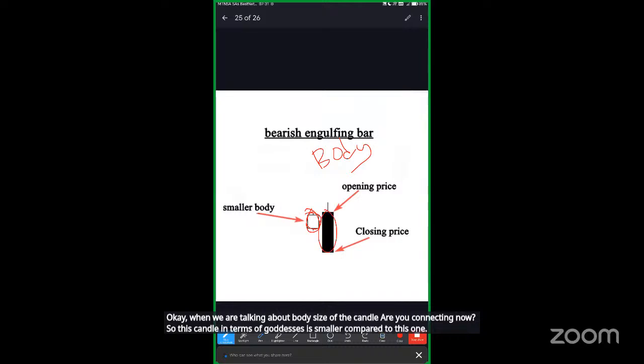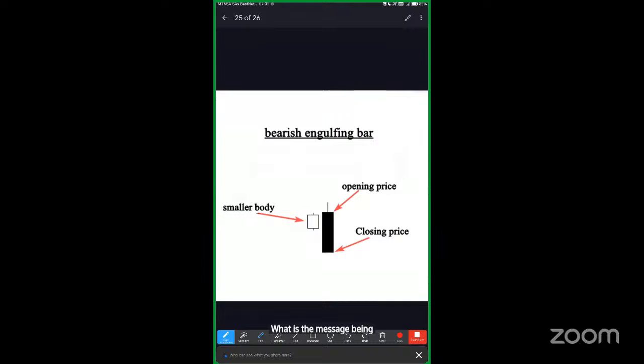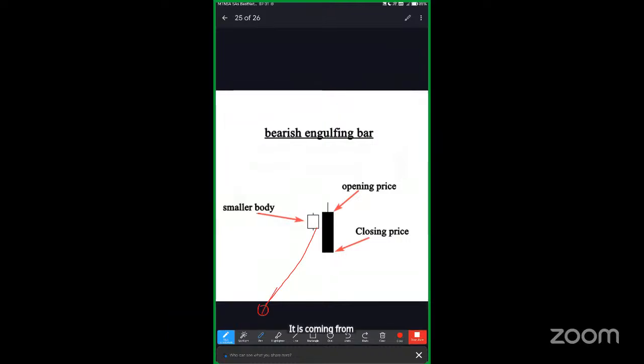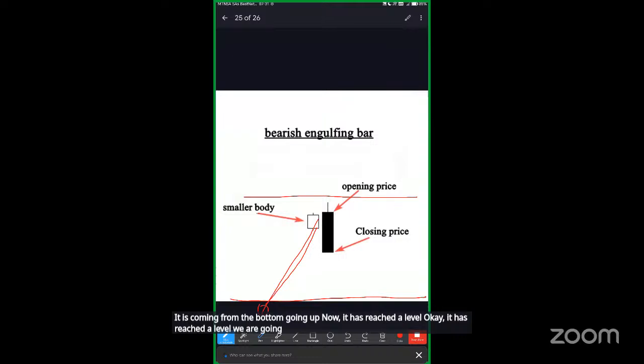What is the message being conveyed here? When you look at this, you will find out that the market is coming from the bottom going up. Now it has reached a level. We are going to start learning about support and resistance levels after these classes, right? So it has reached a level where the market needed to come down.